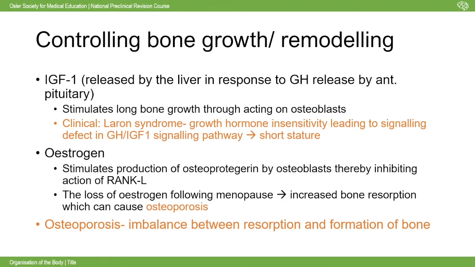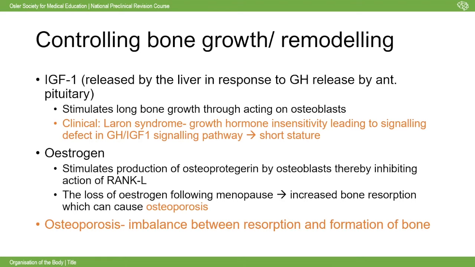On the other hand, we have estrogen, which actually stimulates the production of osteoprotegerin by osteoblasts, and therefore inhibits the action of RANKL. So we're going to prevent that action of osteoclasts in terms of bone resorption.